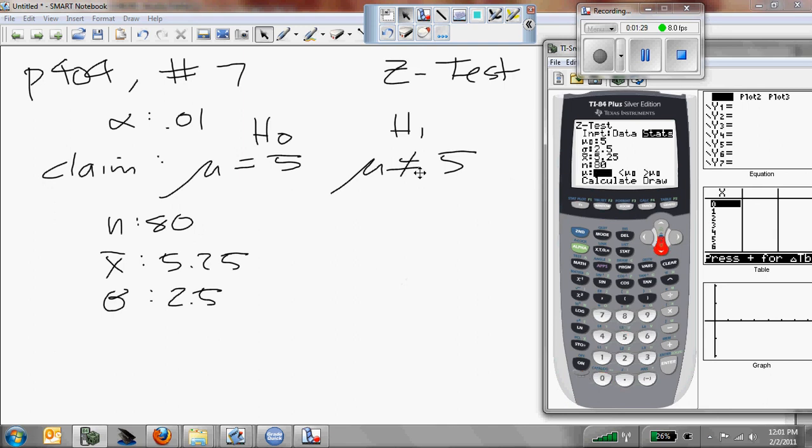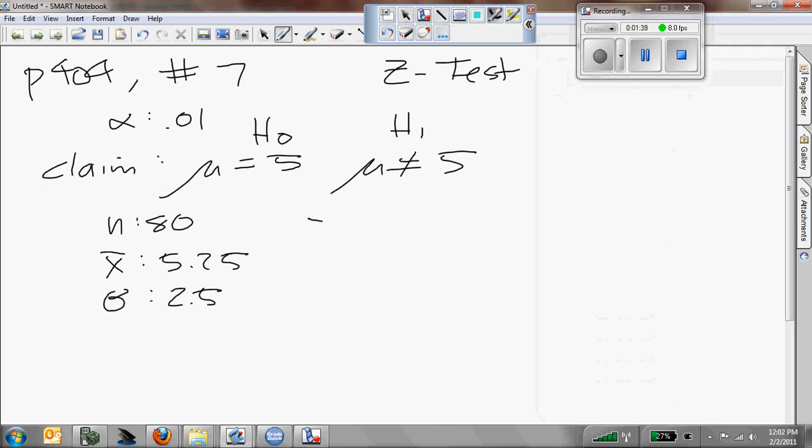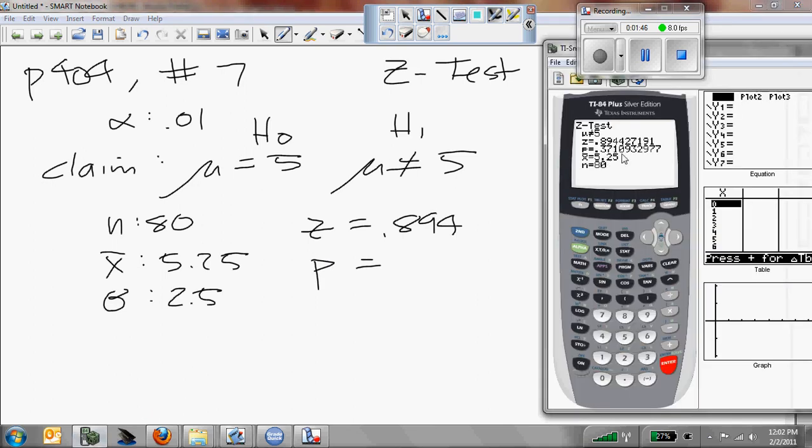We should highlight the inequality that's in our alternative hypothesis, which is not equal to. Hit calculate, and we've got our test statistic and p-value. Z is 0.894. And the p-value is 0.371.